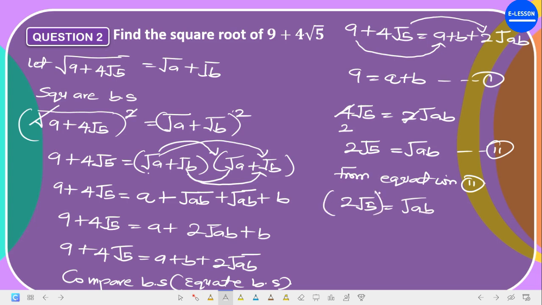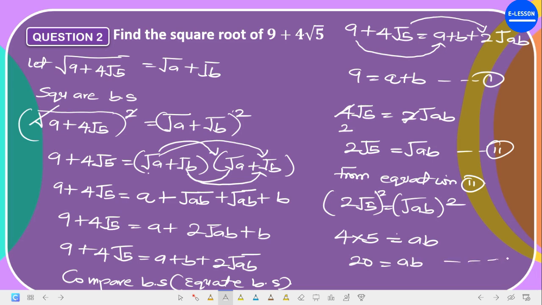Square both sides. 2 square will give us 4, root 5 square will give us 5, is equals to root ab square will give us what? ab. So 4 times 5 is 20 is equals to ab.